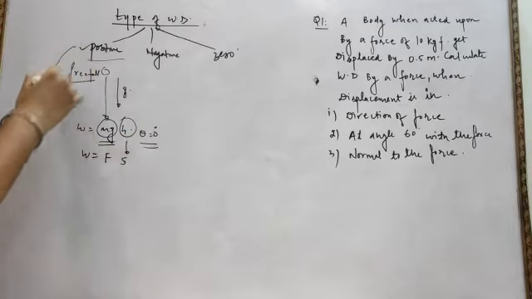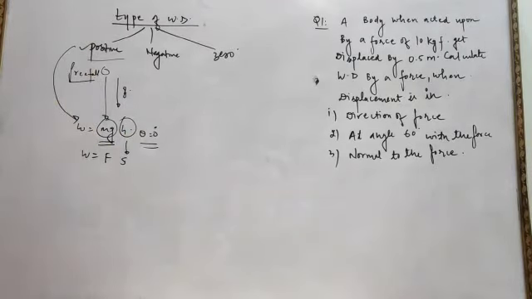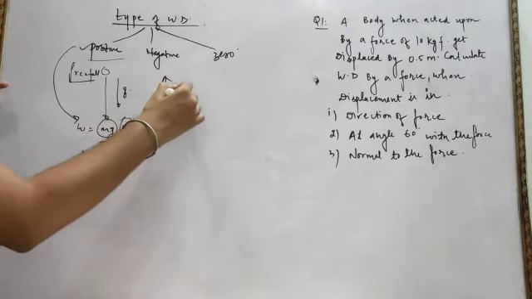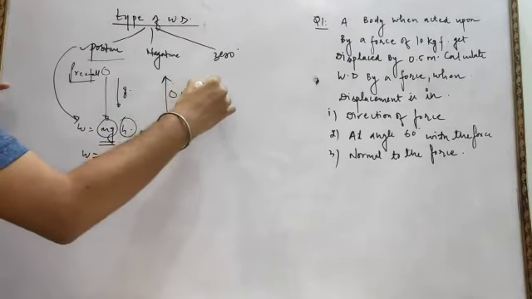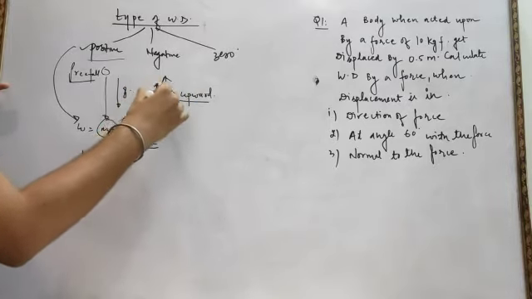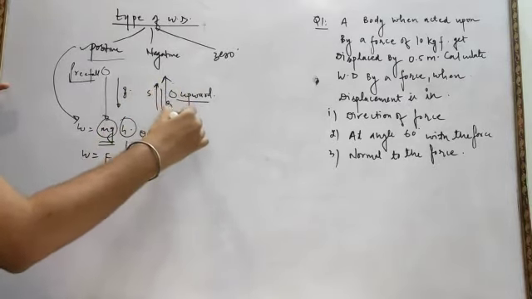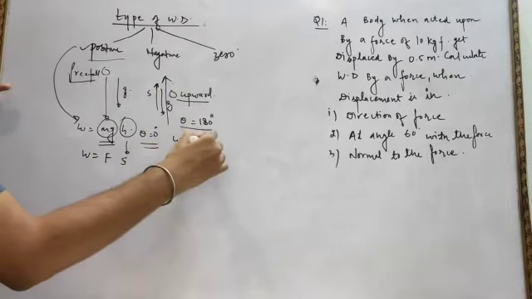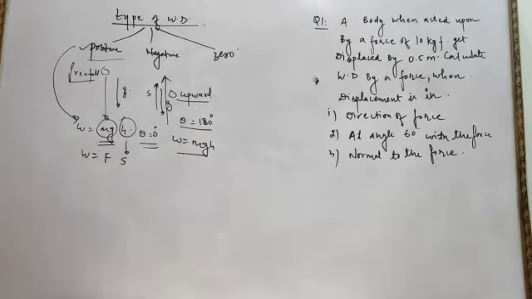So here also the work done will be positive. And suppose a body is thrown upward, so here the displacement is in the direction opposite to the acceleration due to gravity, so theta will be 180 degrees. So work done will be negative mgh. So keep in mind these two cases also.